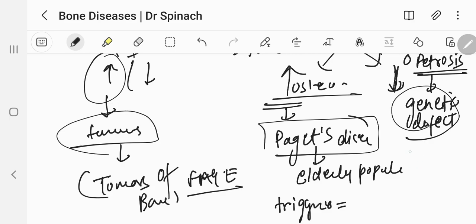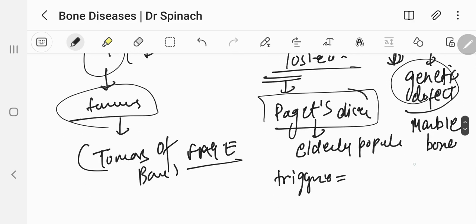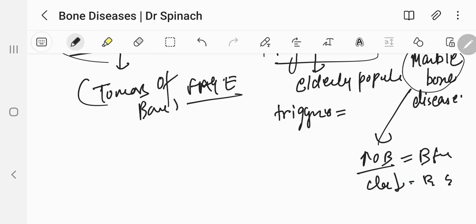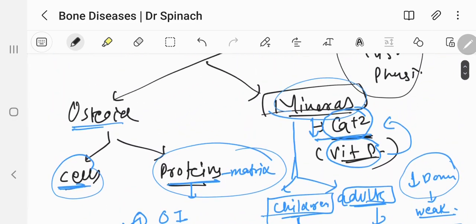This disease is also known as marble bone disease, because when you see the bone, it is so white that it looks like marble. Why will it look like marble? Well, osteoblastic activity continues so bone is formed more, but clastic activity is decreased, so bone is not resorbed. So that's all about the diseases of the bone.